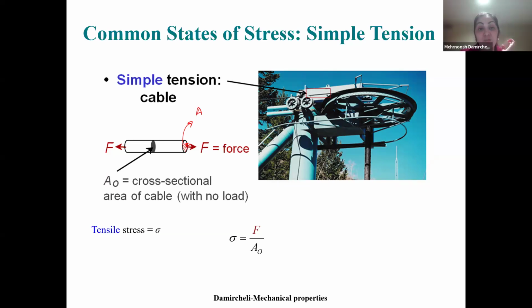And this equation, we use F per A naught, and we talk about that in the next slide, that it is not true stress or true normal stress. It is engineering stress. Anyhow, we have two types of stress, normal stress and shear stress. In normal, the force is perpendicular to the cross section, and normal can be tensile or compression, and here it is tensile, meaning it comes to the outside of the surface, meaning the length will increase or be under extension. Okay.